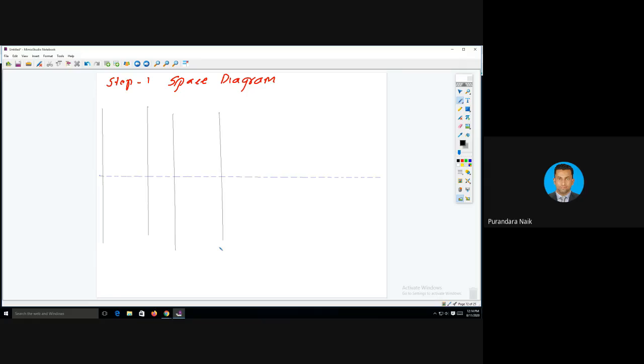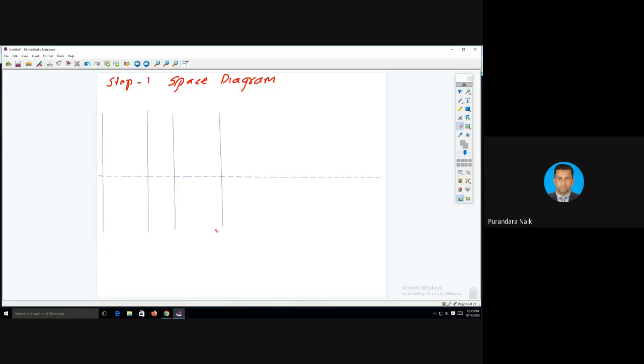Later you can erase the extra part. You can make them approximately equal in length.